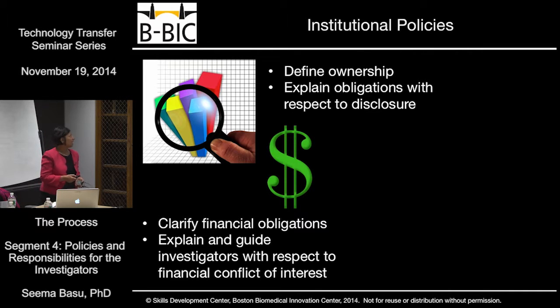It defines it. And like the conflict of interest policy, it will explain and guide how and when you can, as an investigator, interact with the company and receive financial consideration without triggering any conflict of interest, which would be around the integrity of the academic enterprise of education, clinical care, and research.